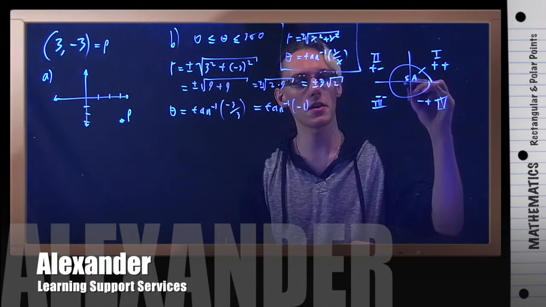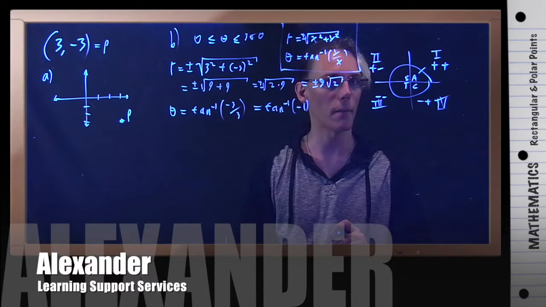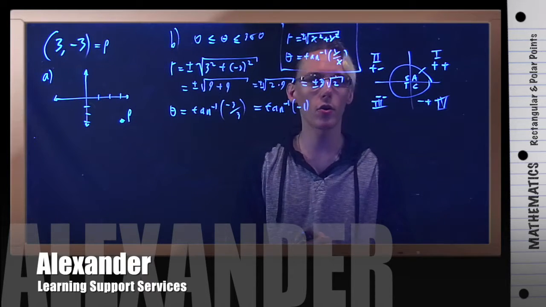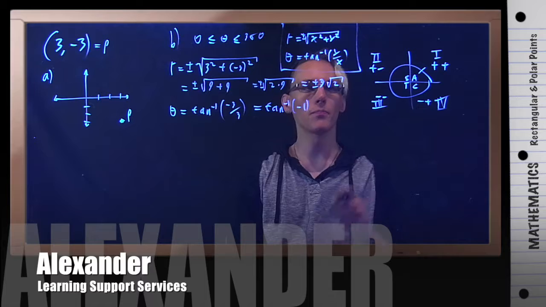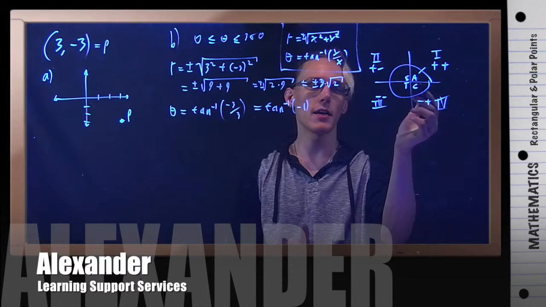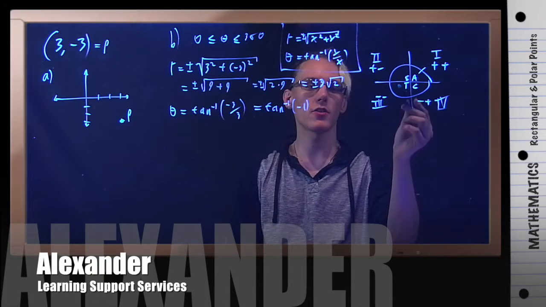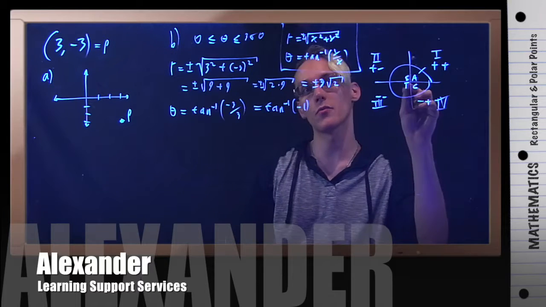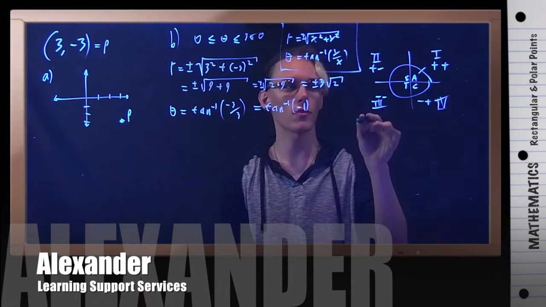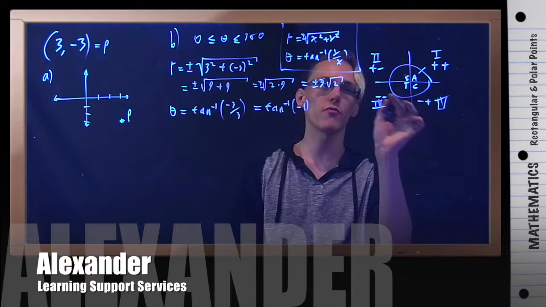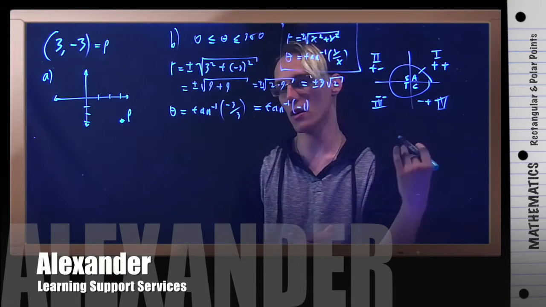Sine is positive here. Tangent is positive here. And cosine is positive there. Okay, so I want to know, where is tangent negative? Well, as we see here, the only place that tangent is positive other than where they all are is over here in quadrant 3. So that means that quadrants 2 and 4 will contain the thetas we are looking for.